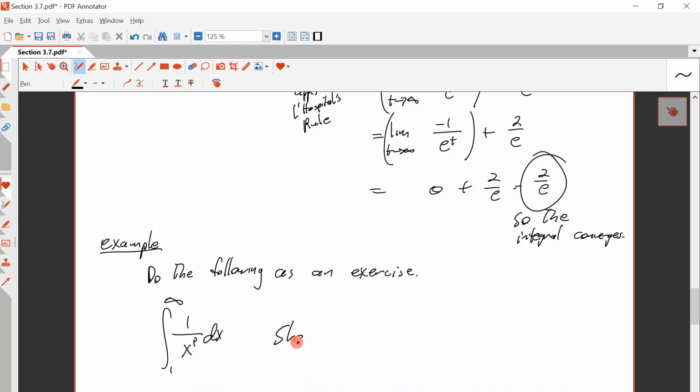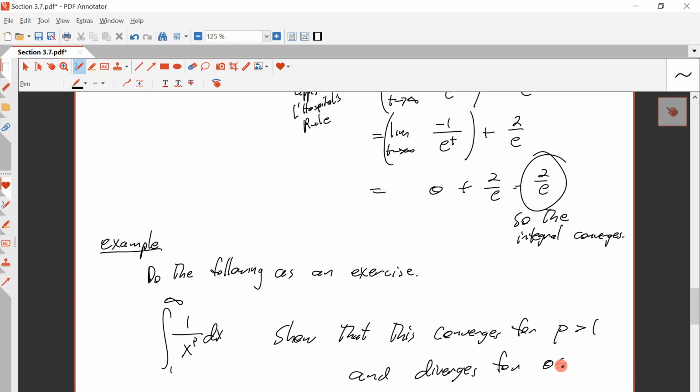Show that this converges for p's greater than 1 and diverges for p's between 0 and 1, including the 1.